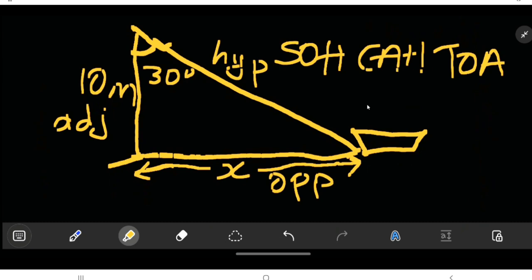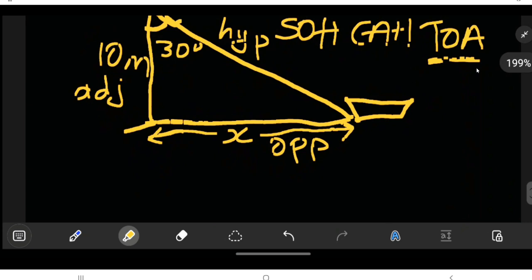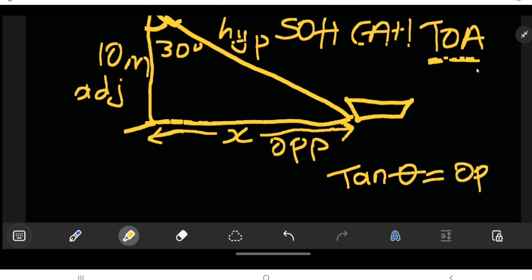So tan theta equals opposite over adjacent.